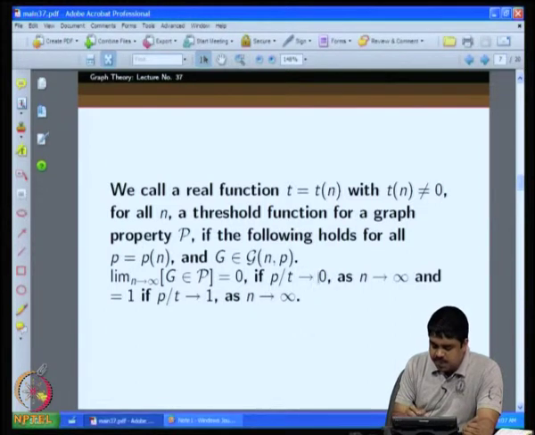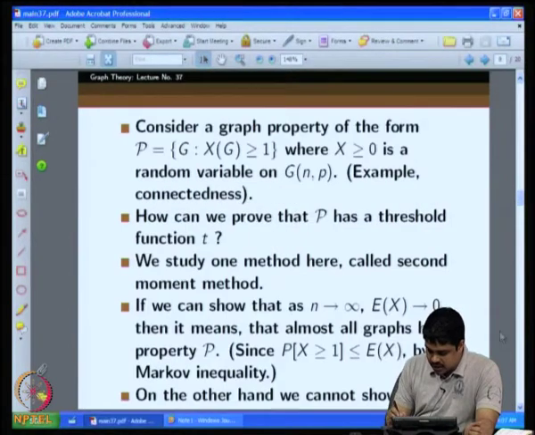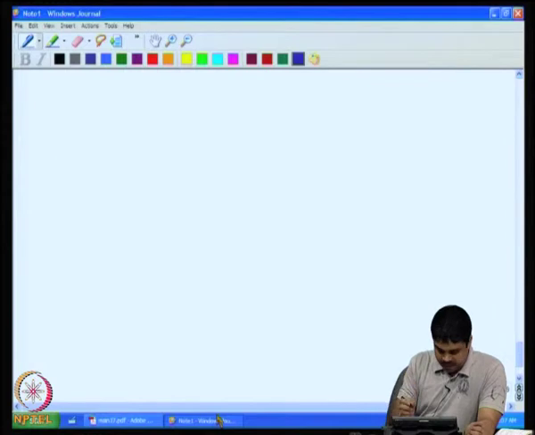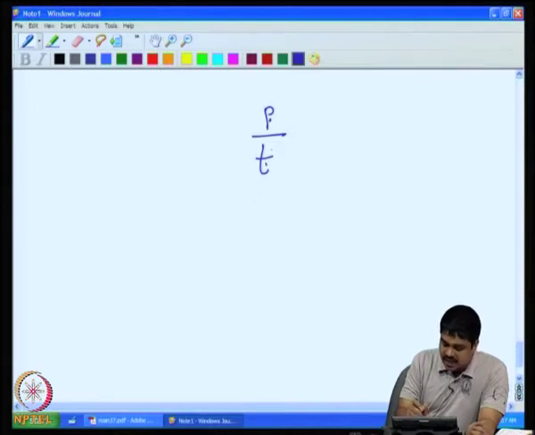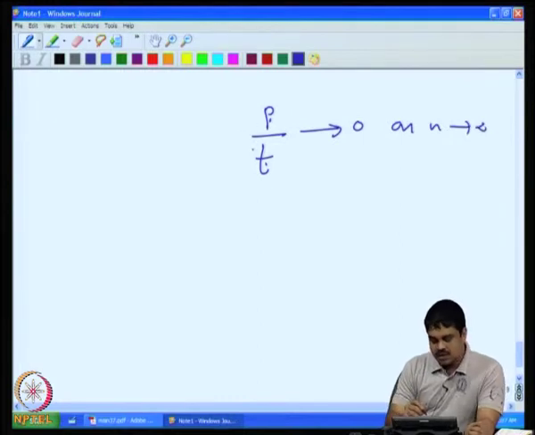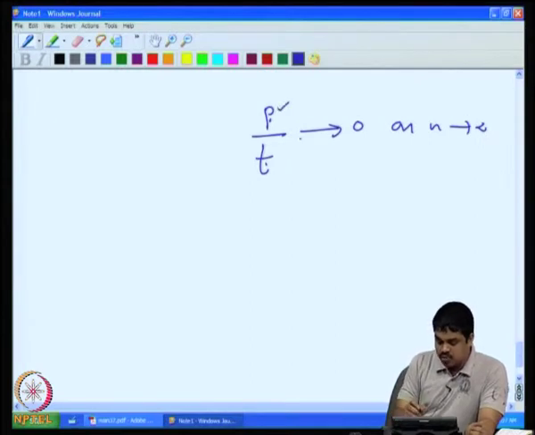See, if p by t tends to 0, this is the way of formalizing when I say p is a little above t. I can say that if the function p is such that p by t tends to 0 as n tends to infinity. This means it is not exactly just more than, but as a function it is a little more than that.